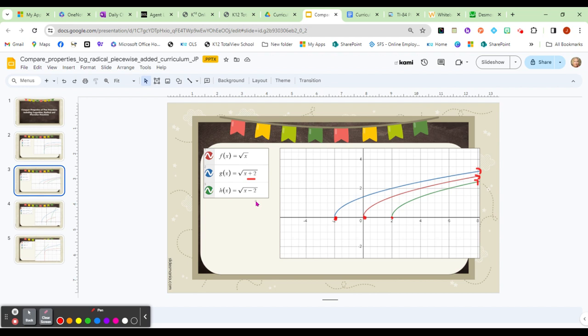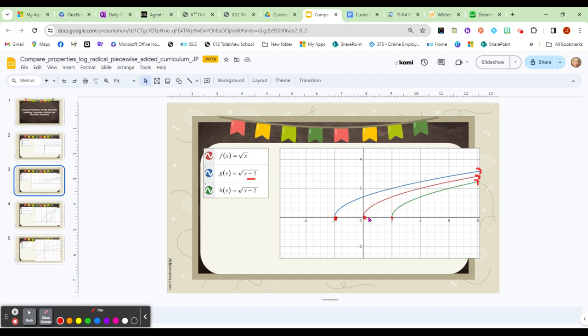Inside is a clue that we have horizontal movement. If it's a positive number inside, that's going to move the graph to the left. Horizontal movement is the opposite of what you think. So if it's a plus 2 inside the radical, instead of going to the right, it's actually going to shift the graph to the left. That's why the blue graph is shifted to the left from the red graph.